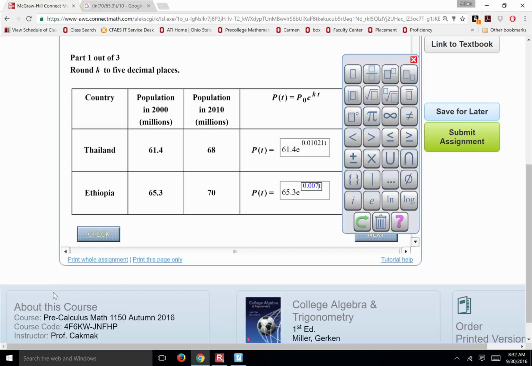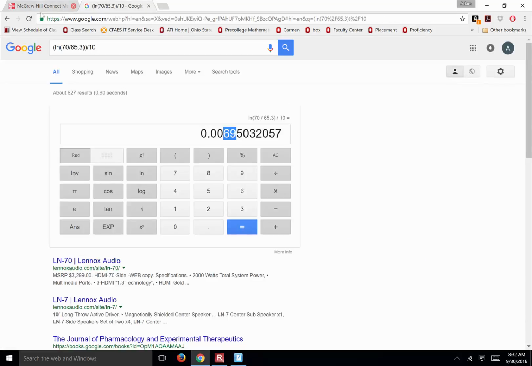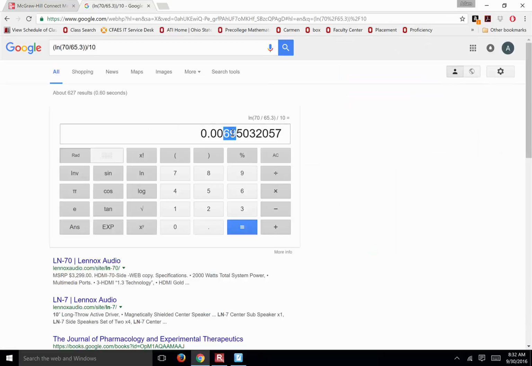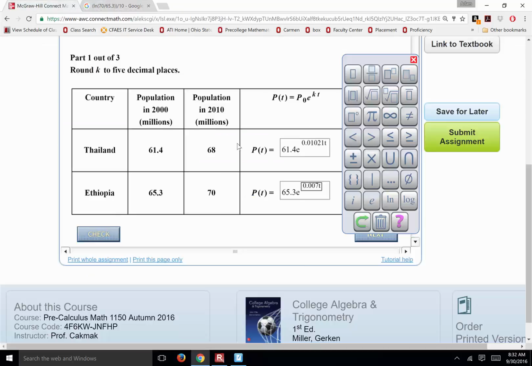You don't need that extra zero actually. Did you get the same answer? It says round to 5 decimal places. Oh, 1, 2, 3, 5. Okay, that's already been rounded. So I rounded into 4.